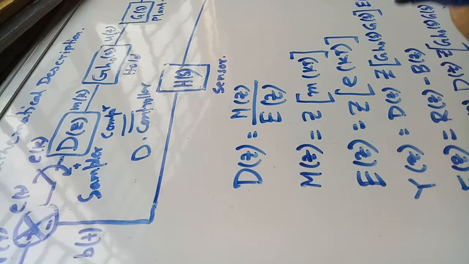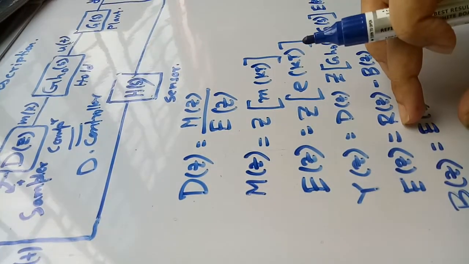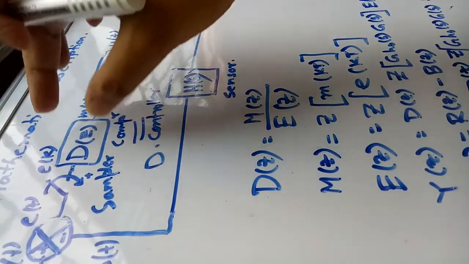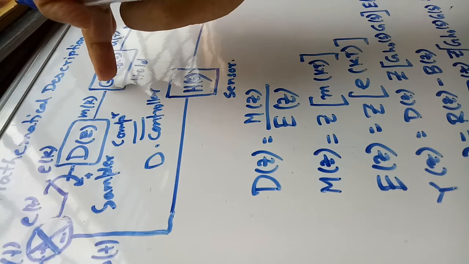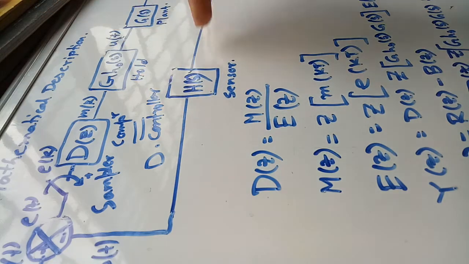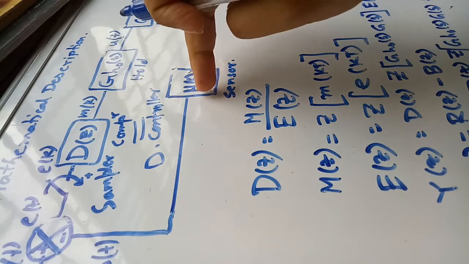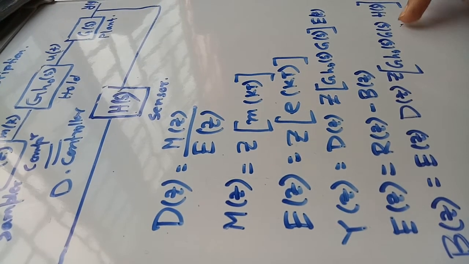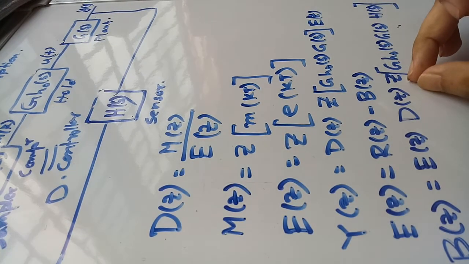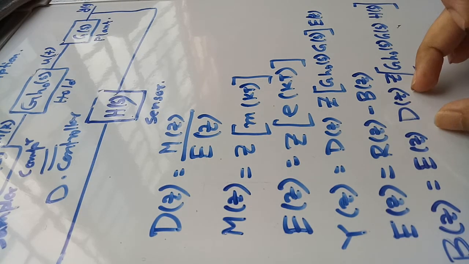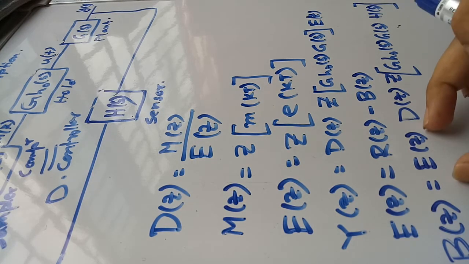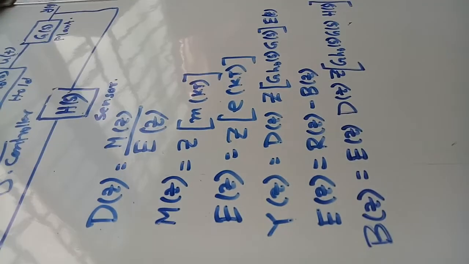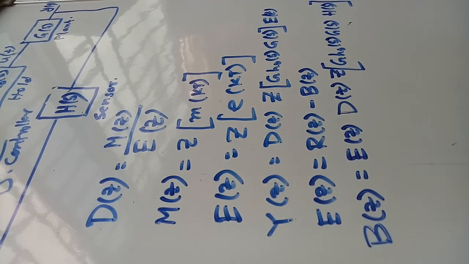So B of Z equal to E of Z into whole terms. What are the whole terms? This D of Z into the Z transform of G h of S, G of S and H of S. So we have written the Z transform of G h0 of S, G of S into H of S, multiplied by D of Z into input E of Z. So you can write this E of Z here or here. Okay, so this is your B of Z.